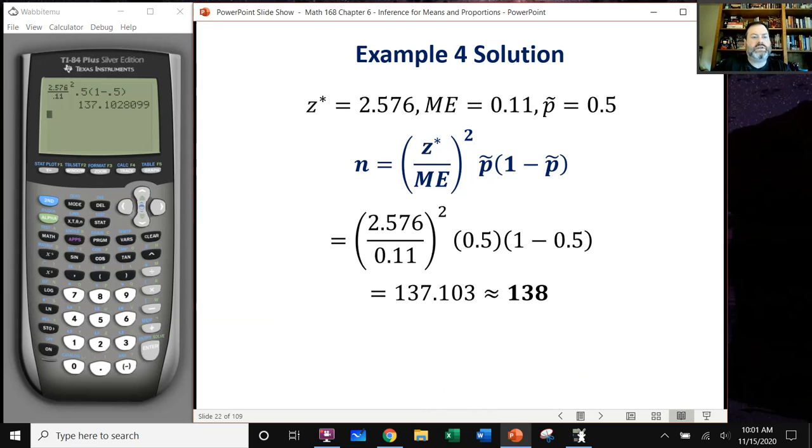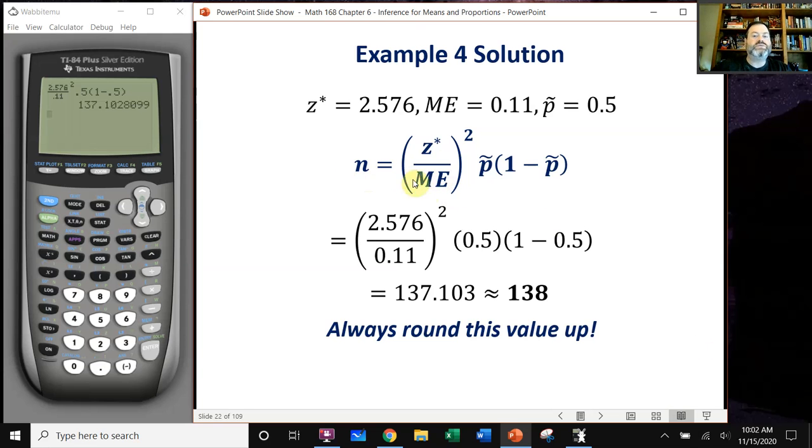You may have noticed that I did something that you never, ever, ever do in math. This is the time you do it. You round this answer up to the nearest whole number, no matter what. This number is not allowed to be a fraction, and you're not allowed to round down. Whenever you do these sample size calculations, you have to make sure that we satisfy the margin of error calculation.